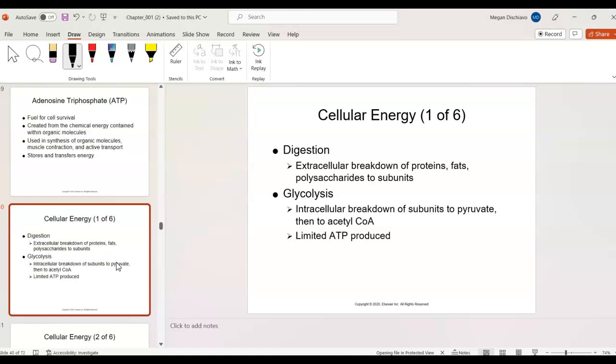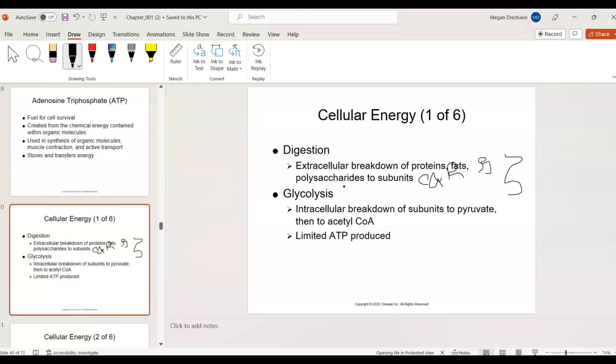Carbs are generally used, and I would add carbs right here. Polysaccharides are one of the carbs. Sorry, C-A-R-B. So carbs. A polysaccharide is a carb. So carbs are used to create energy.